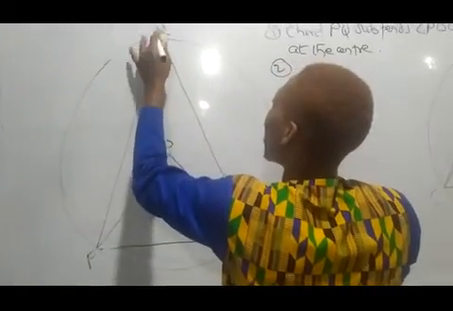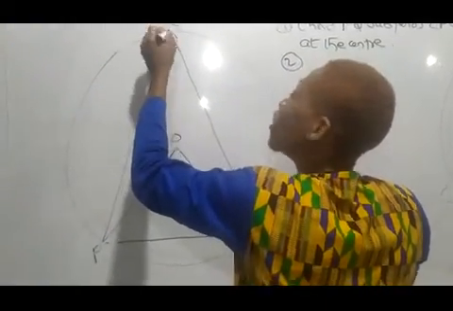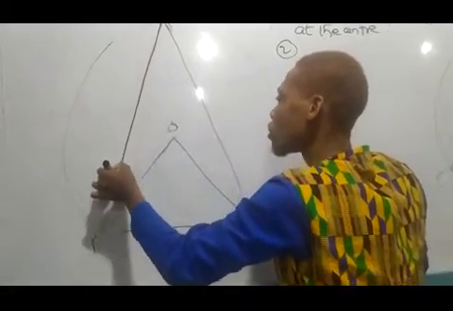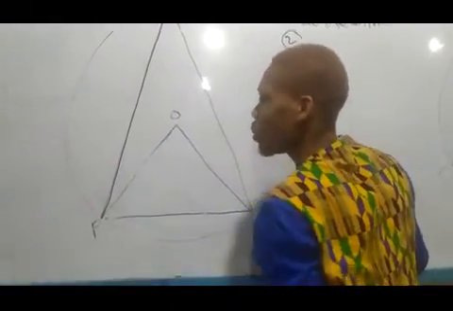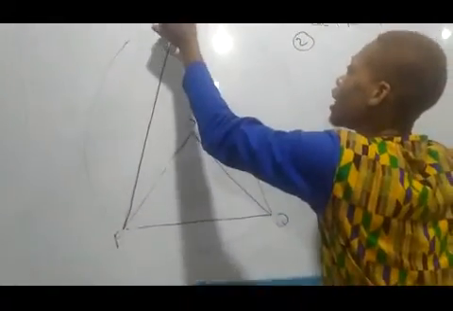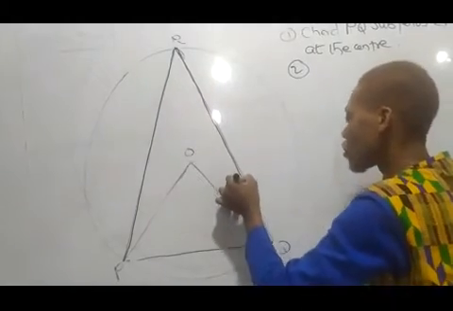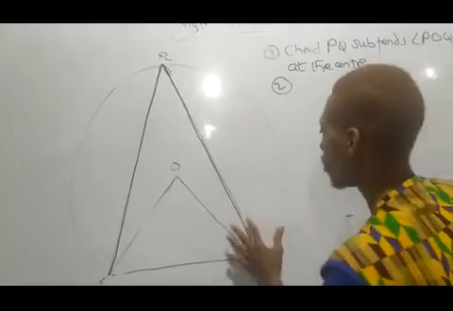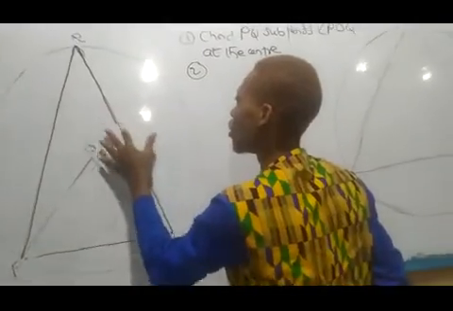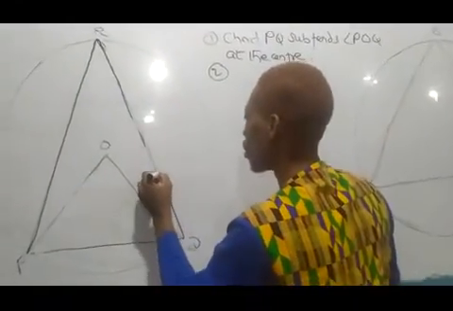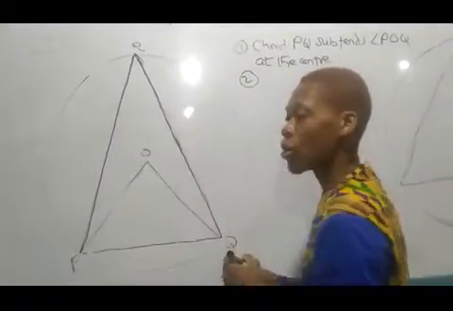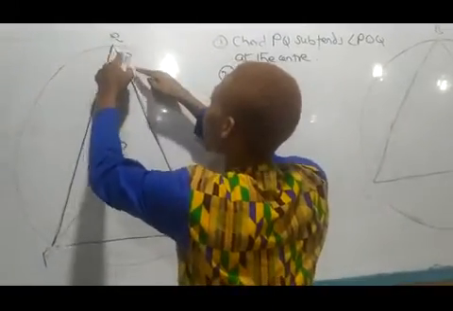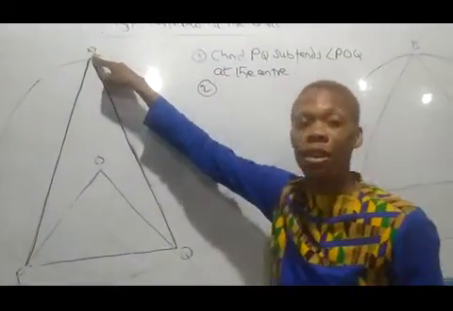If you look at the 2 lines which create angle R, you realize one line has a connection with point P, and the other line has a connection with point Q. So we say PQ subtends angle R at the circumference.